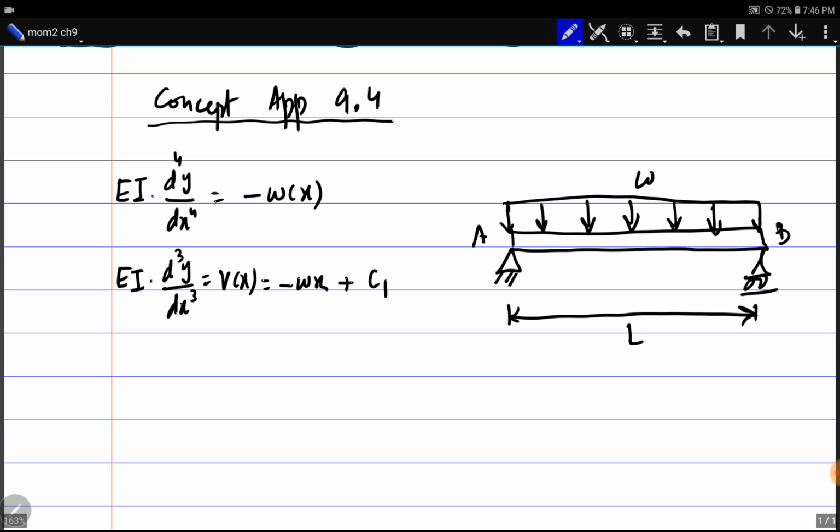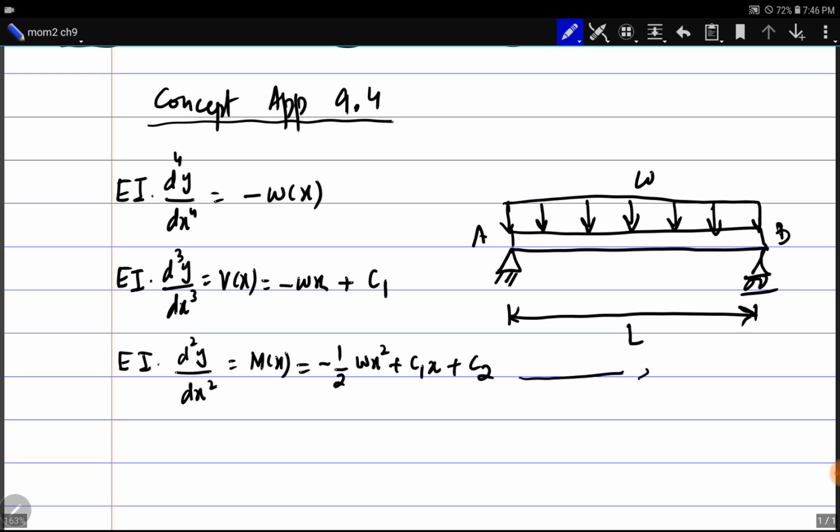Integrating this expression once more, it becomes EI d square y by dx square. This can be called moment, and integration of minus Wx will be minus 1 over 2 Wx square, plus integral of C1 will be C1x, plus there will be another constant of integration C2.